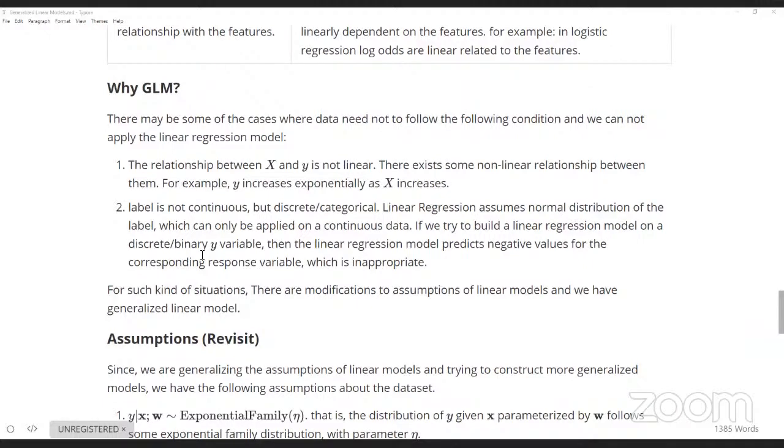Now we can apply linear regression models, because log odds can be real numbers rather than only two categories. That's why we transform our labels into something else and then form the linear models there. So this is where we need to generalize our linear models.